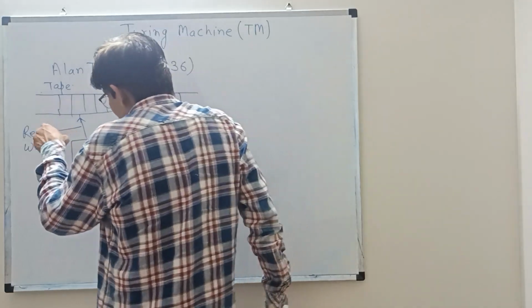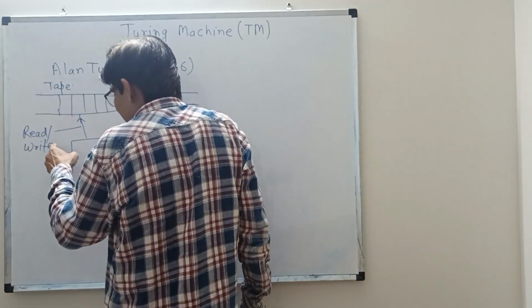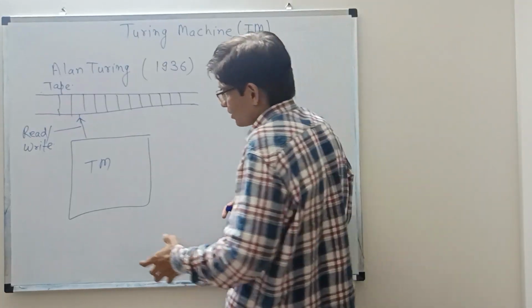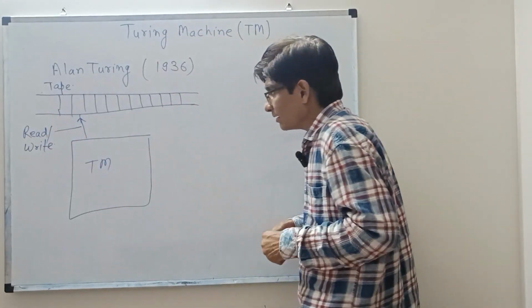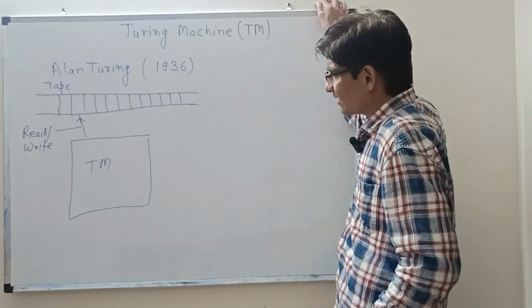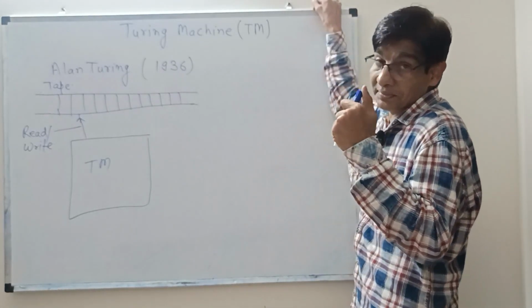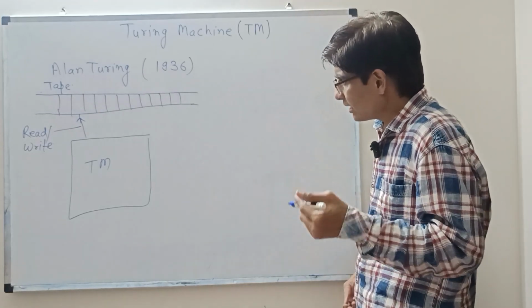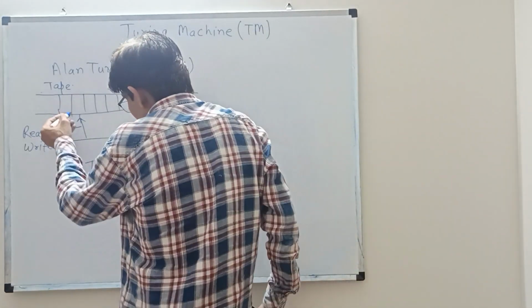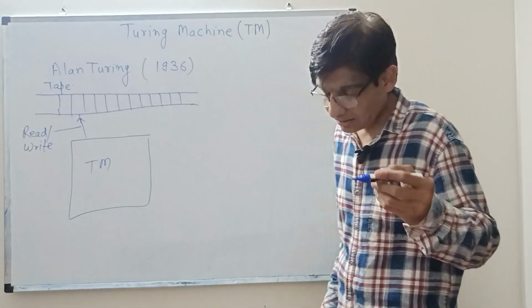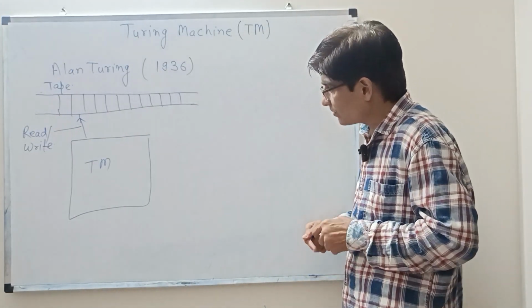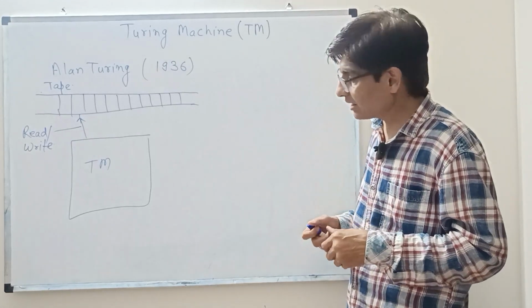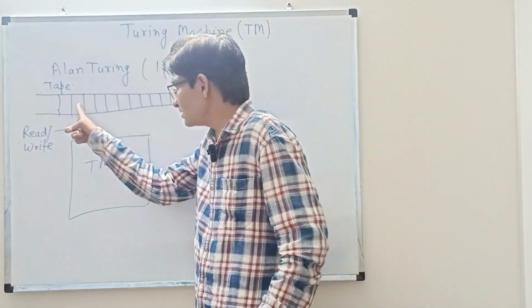So it can read from the tape and it can write on the tape also. This is the biggest benefit of Turing machine, and because of this capability, it can work as a real computer.